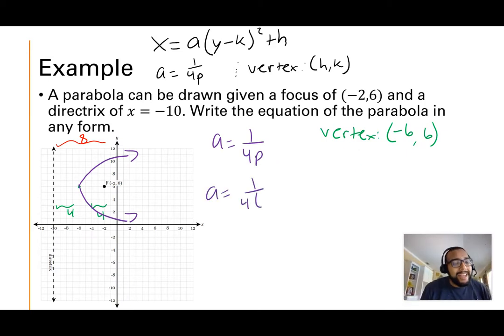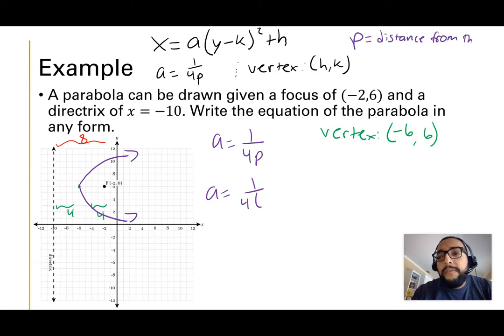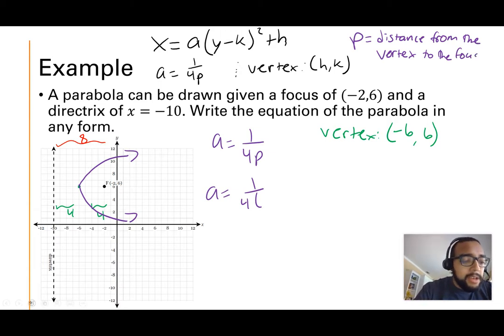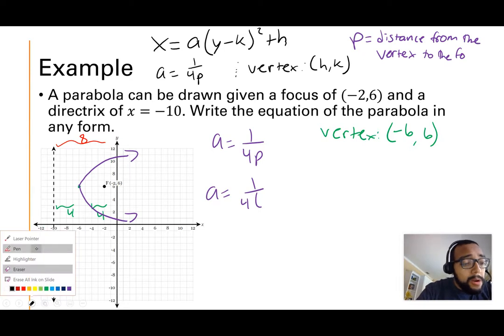But we still need to find the a value. So what is our value of p? If you forgot, I'll write it up here. p is the distance from the vertex to the focus slash directrix.